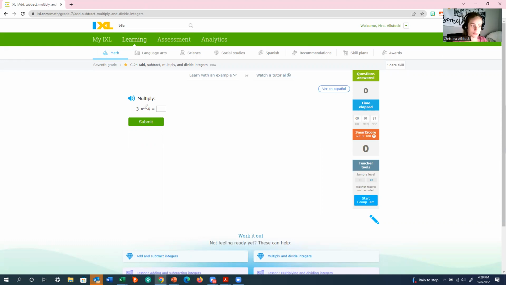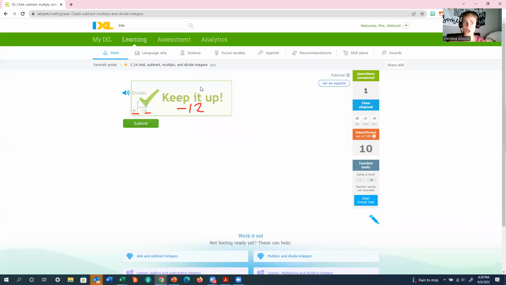Our numbers have different signs, a +3 and a -4, meaning our answer will be negative. So no matter what I get, it will be negative. Now that I figured that out, I just ignore the signs and multiply my numbers. So 3 times 4 is 12. And looky there, we got it right.